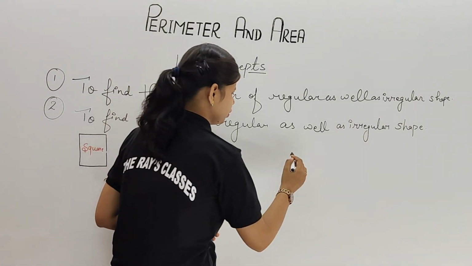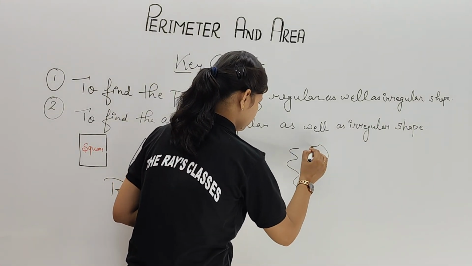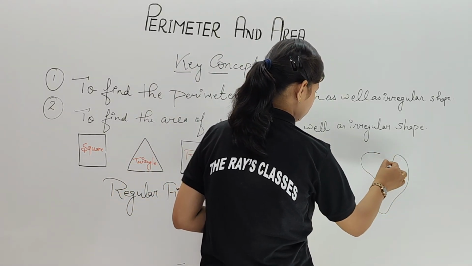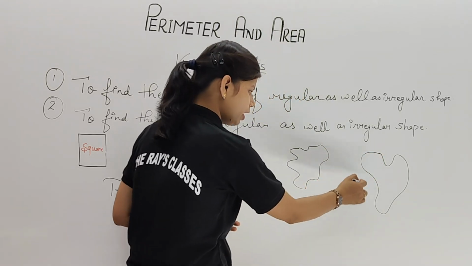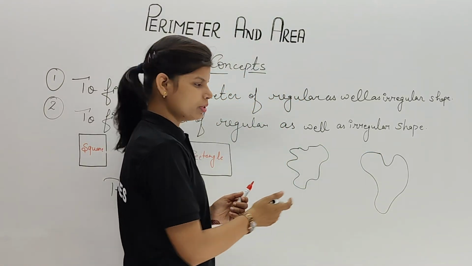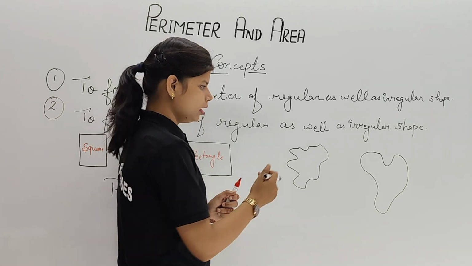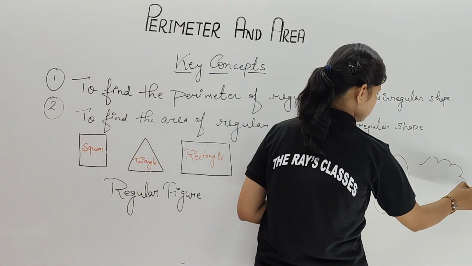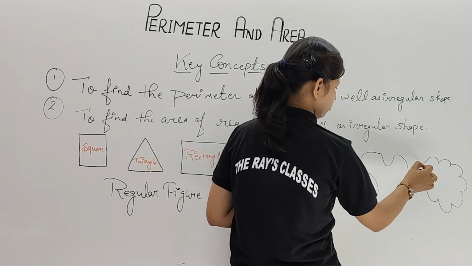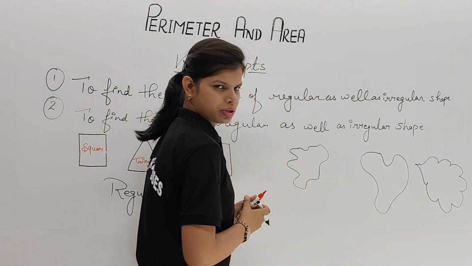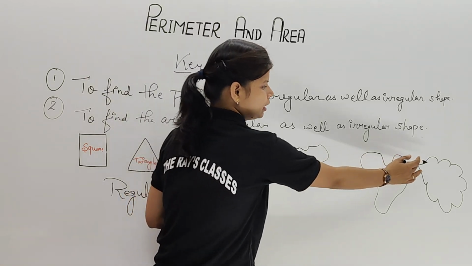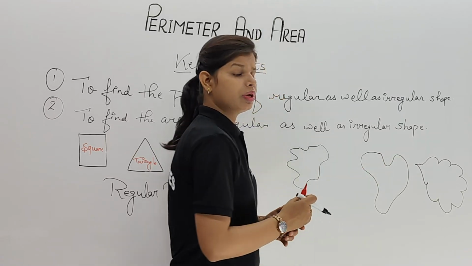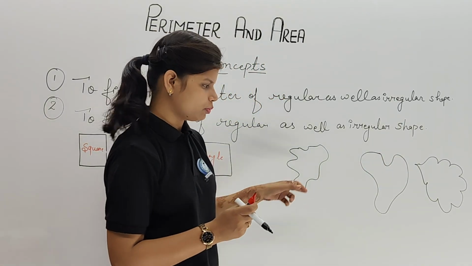Irregular shape, like if it is given like this, or like this, it is also an enclosed figure. Enclosed means all the sides of the figure are closed. But we don't have a definite shape. If I give you a shape like this, this is also a closed figure, but we cannot classify it or give any name to these shapes that we have drawn.